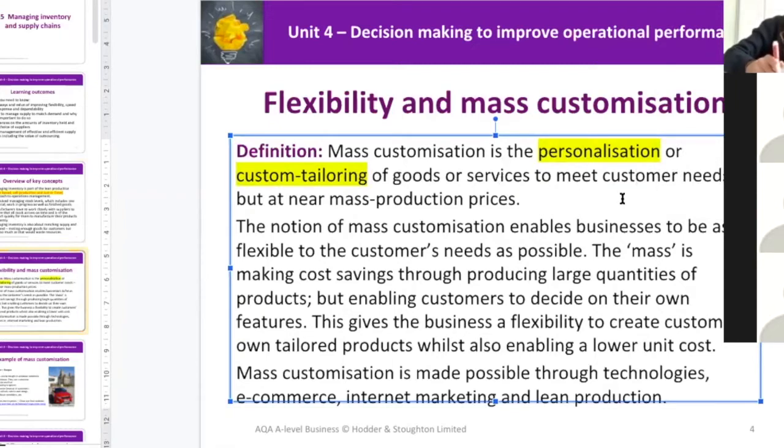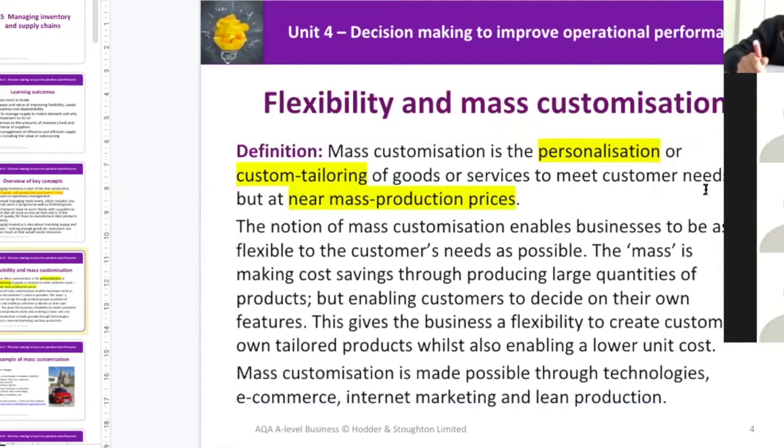I'm not going to highlight meeting customer needs because every time we have this objective, and near the mass production prices. So if you're thinking about mass customization, there are three keywords you need to remember. First one, personalization. Second one, custom tailoring. And then the price for mass customization is quite close to the mass production prices.